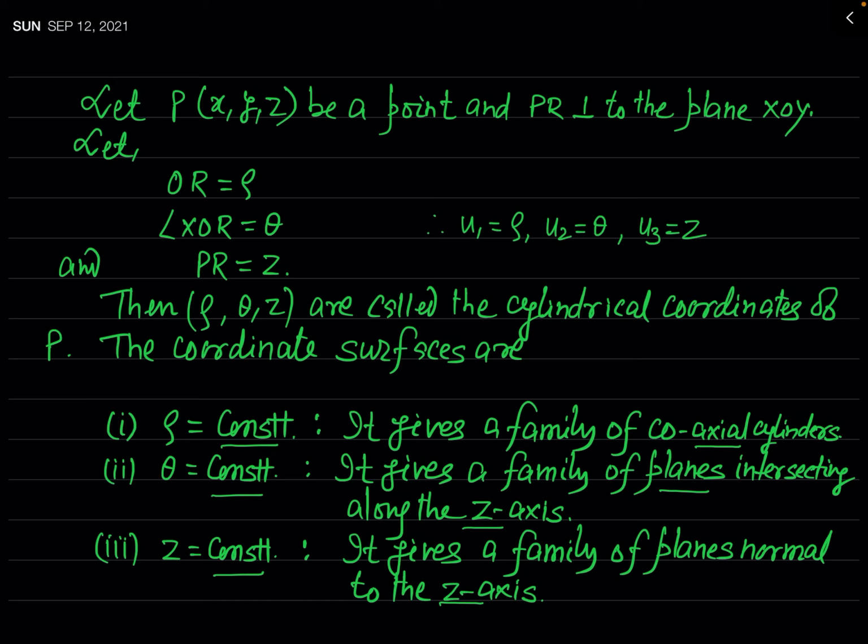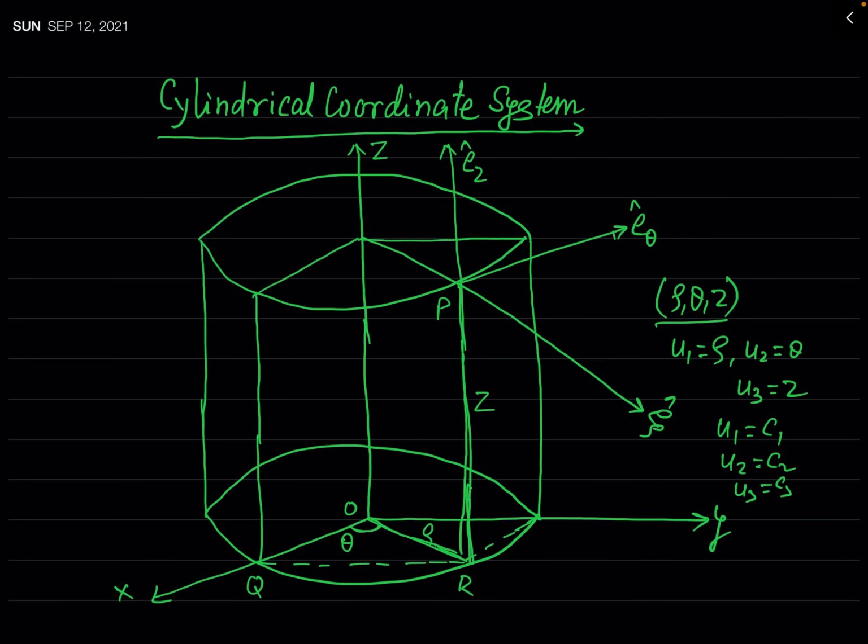For this, let us see the geometry of the figure. You can see this OQR is a right angle triangle. This angle here is pi by 2, although it does not appear like pi by 2, but this dotted line is parallel to the y-axis, so definitely this dotted line will be perpendicular to OX.